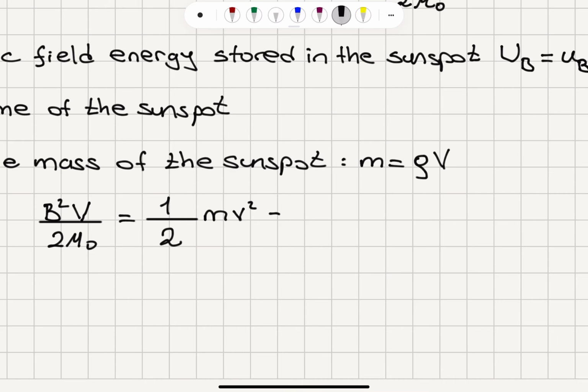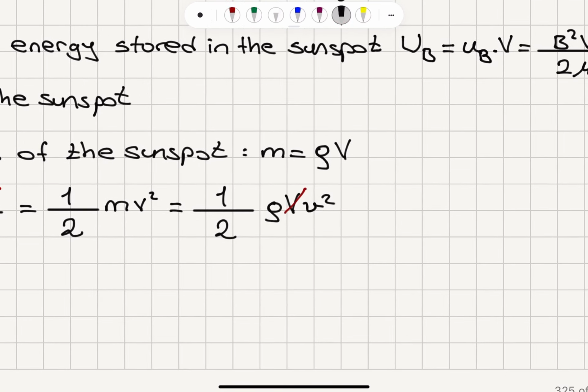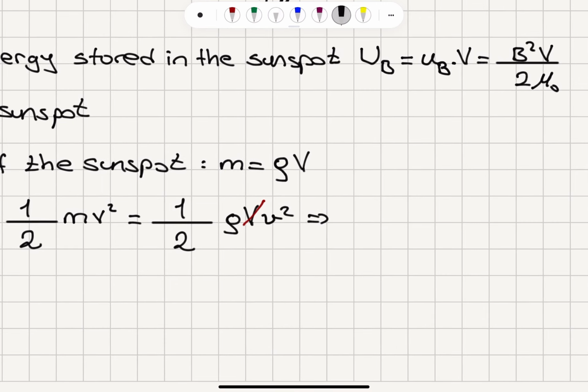Now for the mass, I can substitute its density times the volume. So this is 1 over 2 rho V velocity squared. The volumes will cancel, as you can see here. So I'm going to obtain the speed.